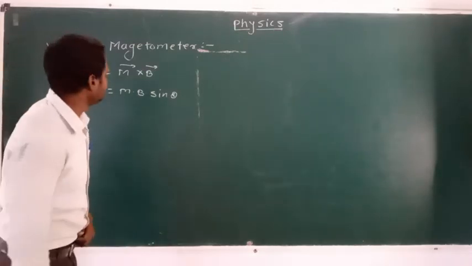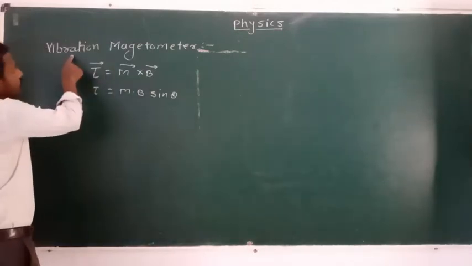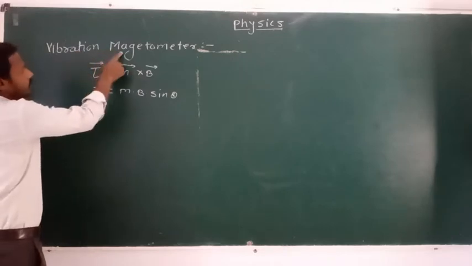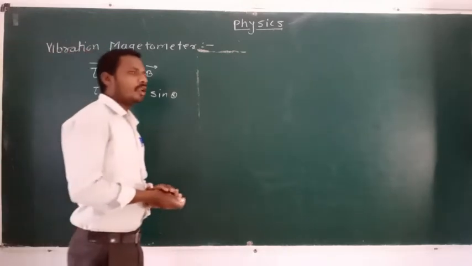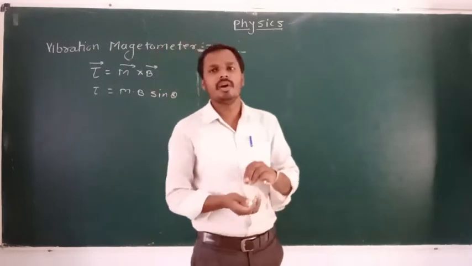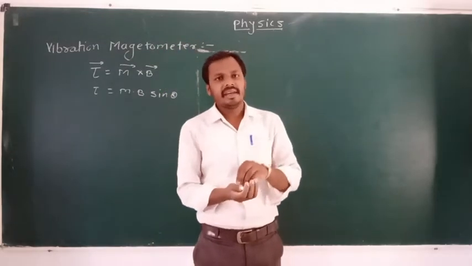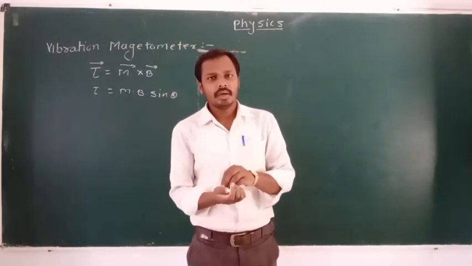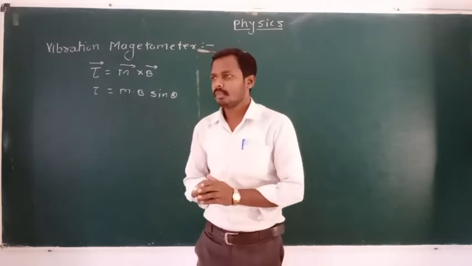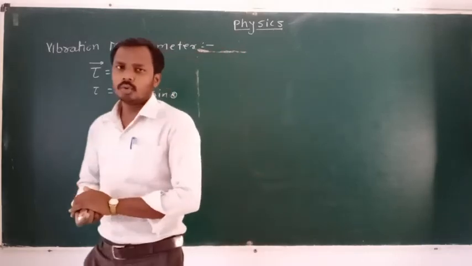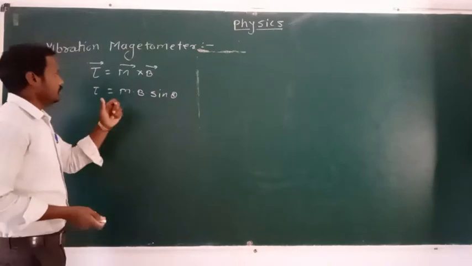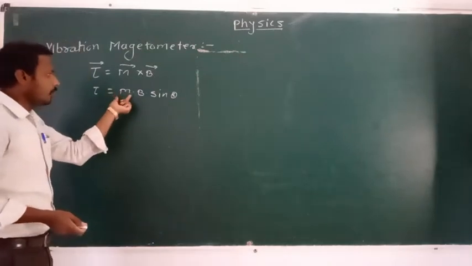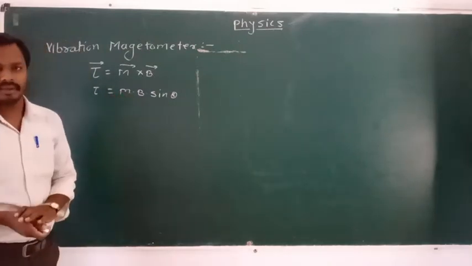Now, what is the vibration magnetometer? Vibration magnetometer is an instrument used to compare the horizontal magnetic field of Earth at two different places. Also, it is used to compare the magnetic dipole moment of two bar magnets.